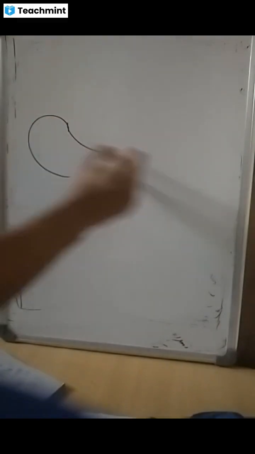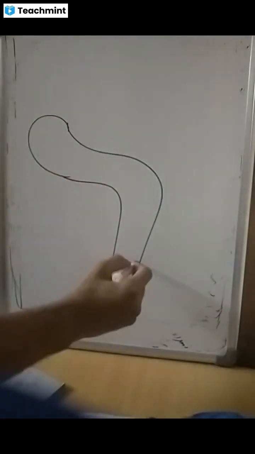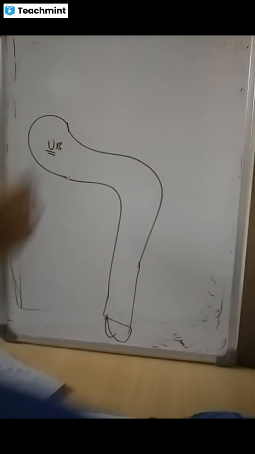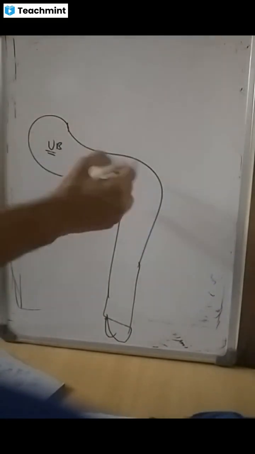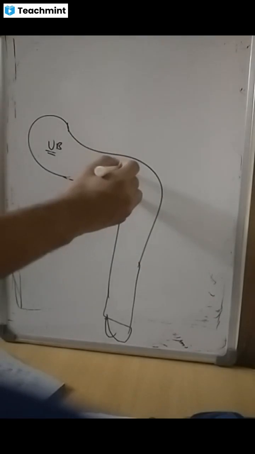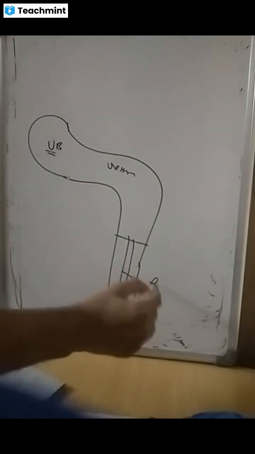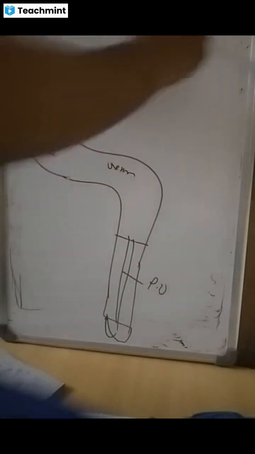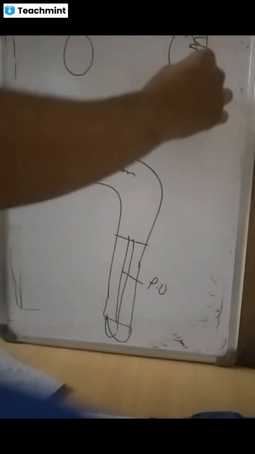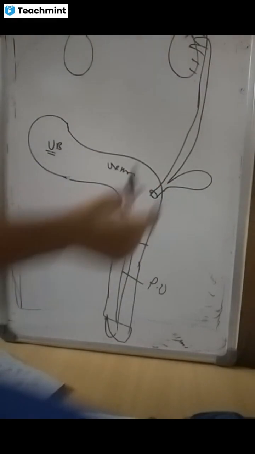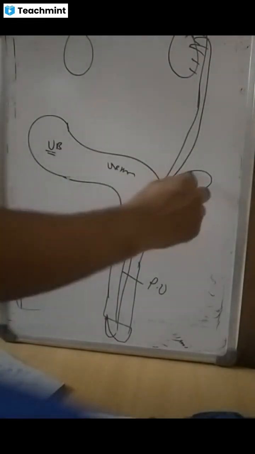If I summarize, the urinary bladder is derived from the urogenital sinus, then the urethra, then we have the penile urethra. These are the testicles having mesonephric ducts which open, and before opening they form the seminal vesicle.